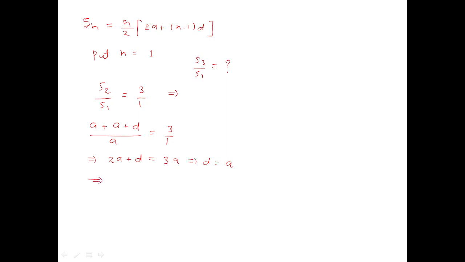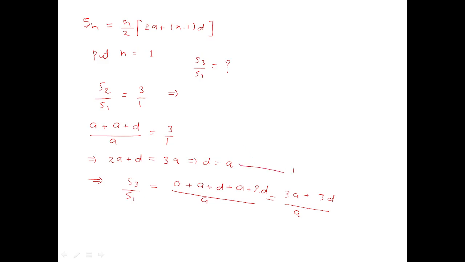Now we have to find S3 upon S1. S3 means the sum of the first three terms. So the first three terms are a, a plus d and a plus 2d, upon a. Now add the a terms and the d terms, we get this.